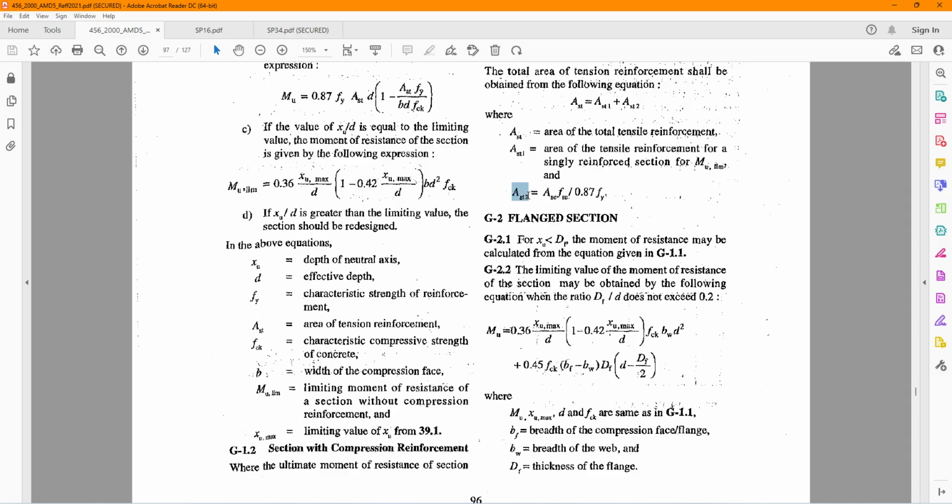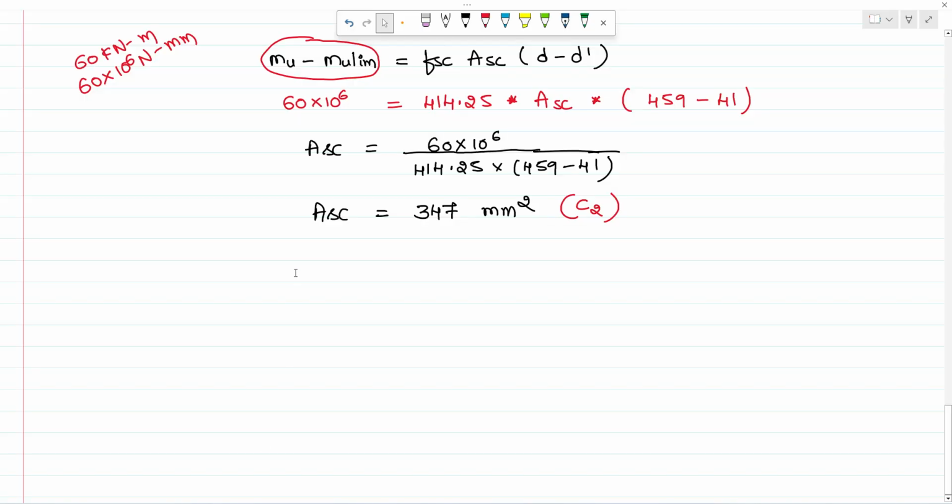So you have the formula for AST2. AST2 equals ASC multiplied by FSC divided by 0.87 Fy.